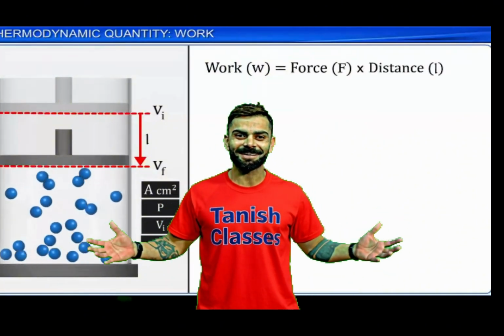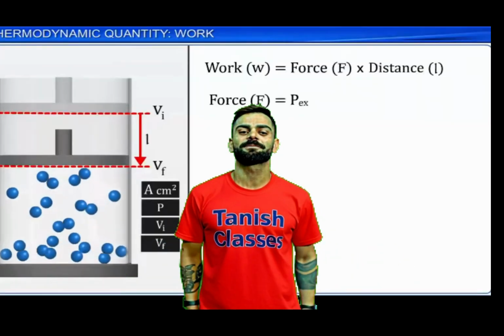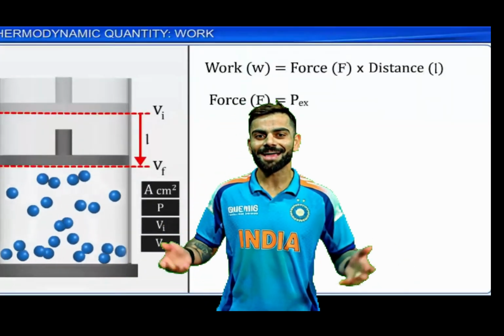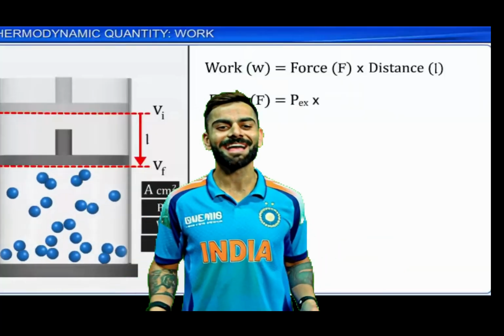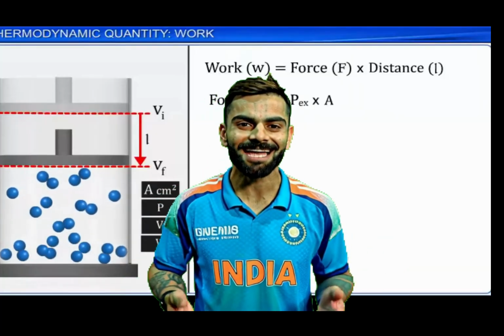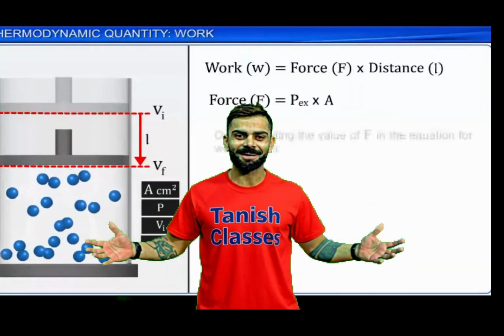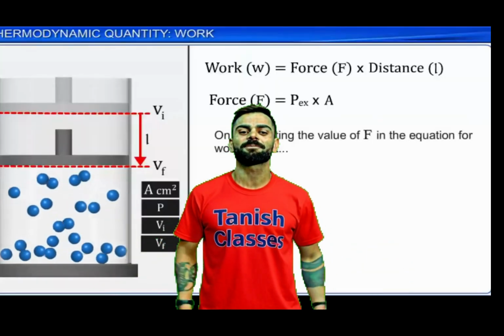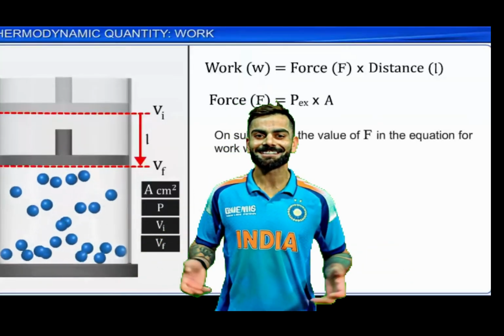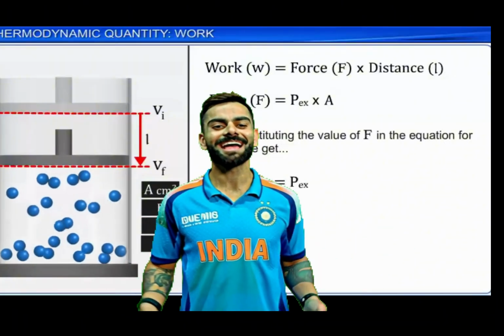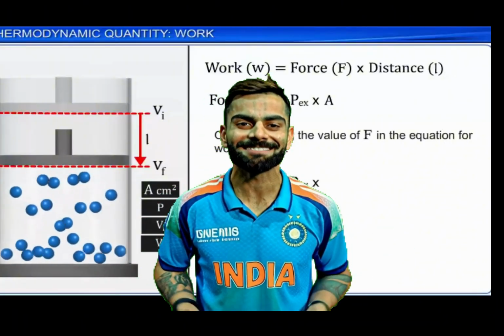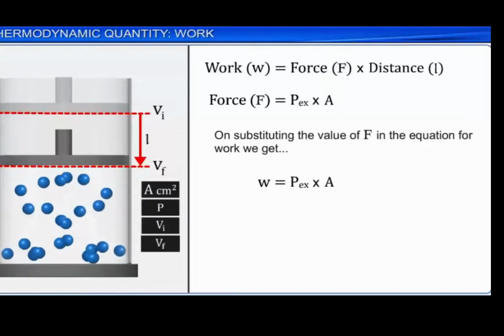But force equals external pressure Pex multiplied by area of cross-section A. Substituting the value of force in the equation for work, we get work is equal to external pressure Pex multiplied by area A multiplied by distance L.